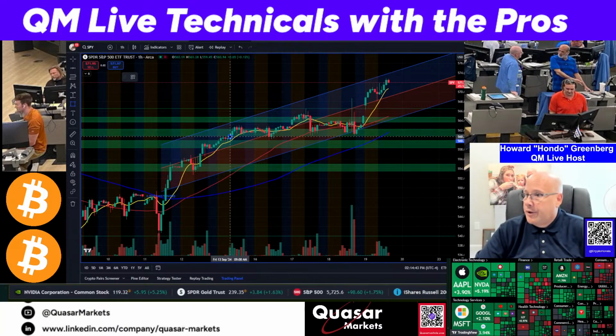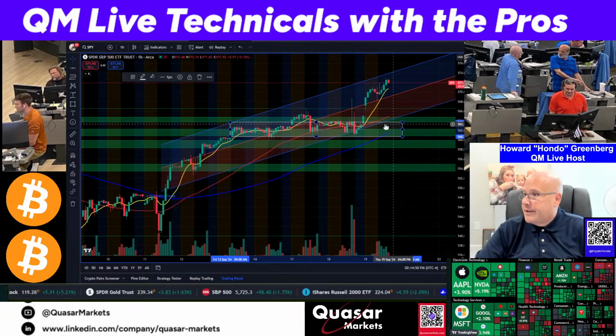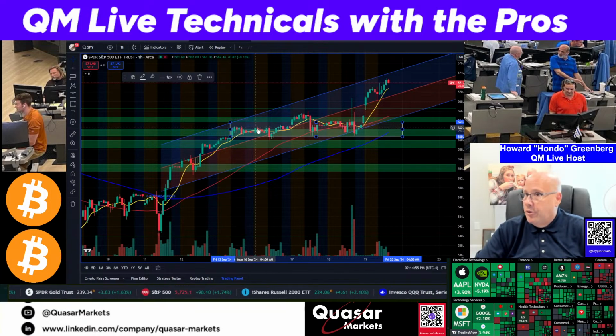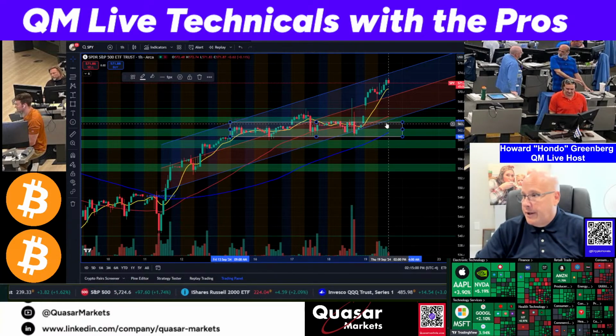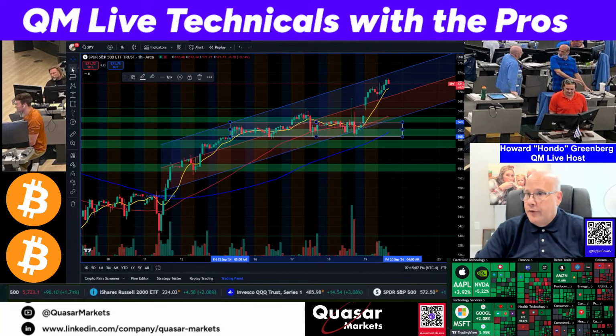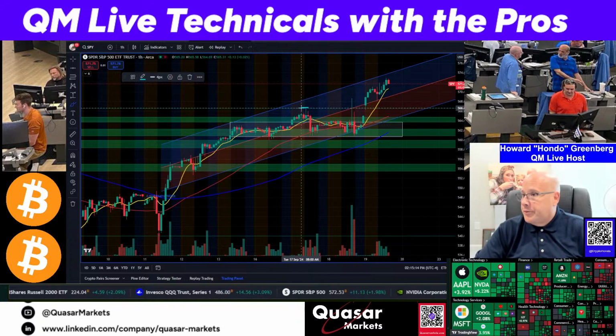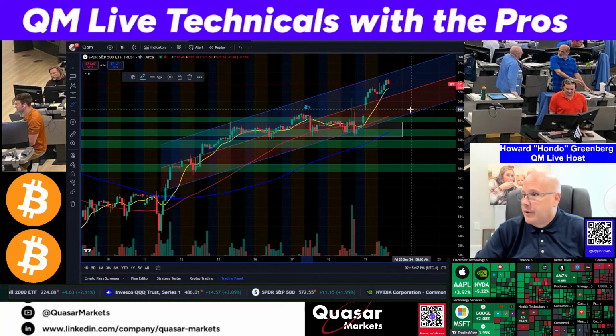Really between this 560 and 563 area is where it spent most of its time over the last week or so. But it gapped up above, and that's where you sort of knew you had a runaway going, when it gapped above and broke above this previous high over here.